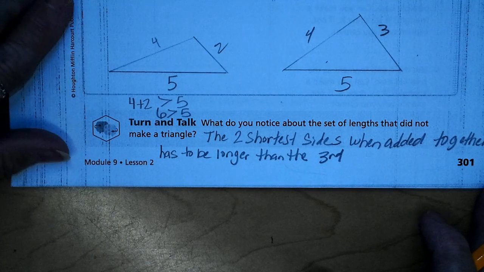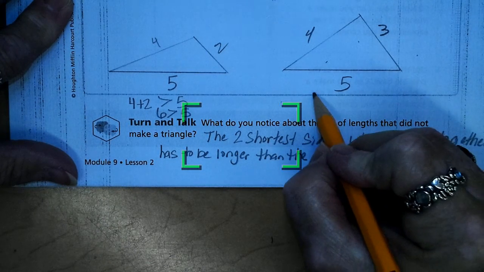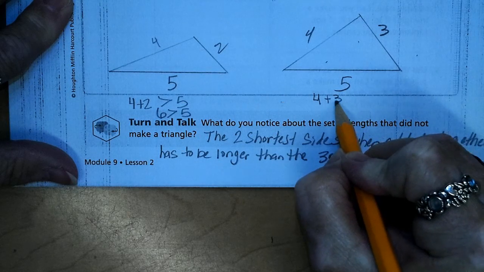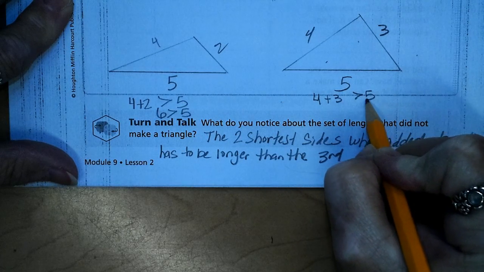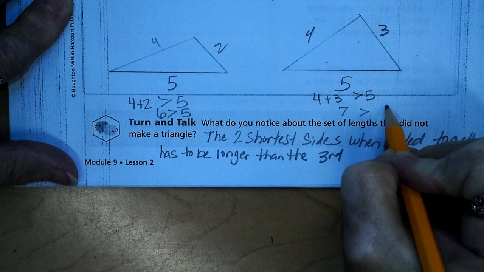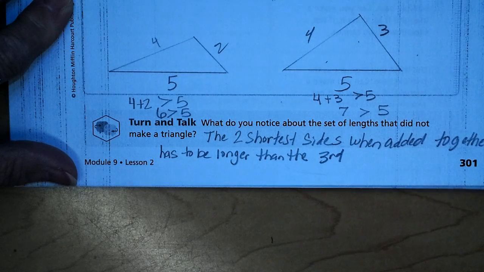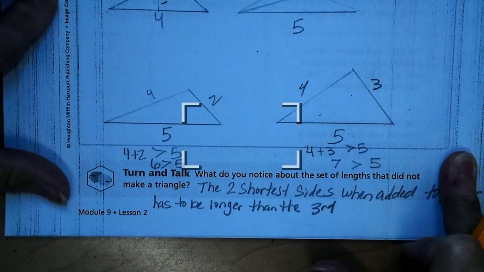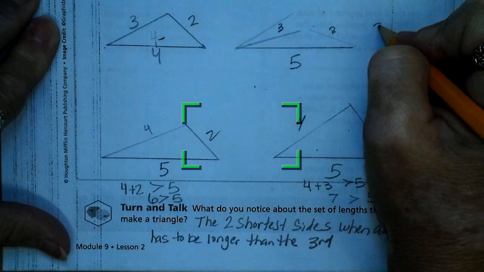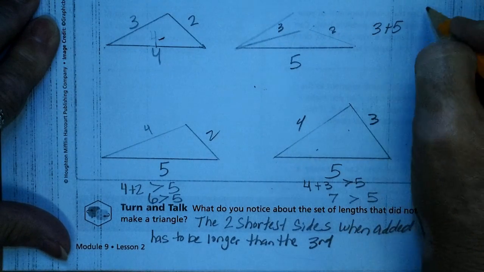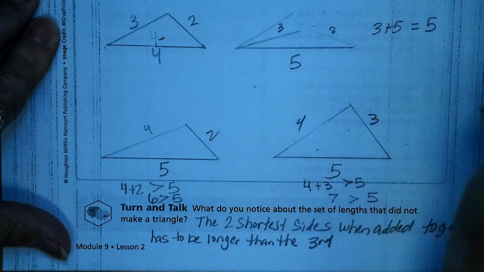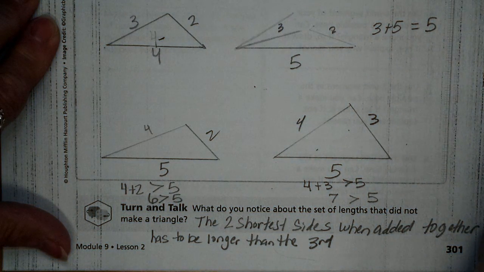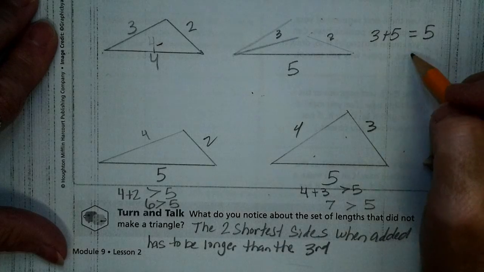All right, so if we do this one, 4 plus 3 is 7. So 7 is greater than 5. So that's why they work. And then if we go up here, 3 plus 2 equals 5. And this is why it doesn't work.